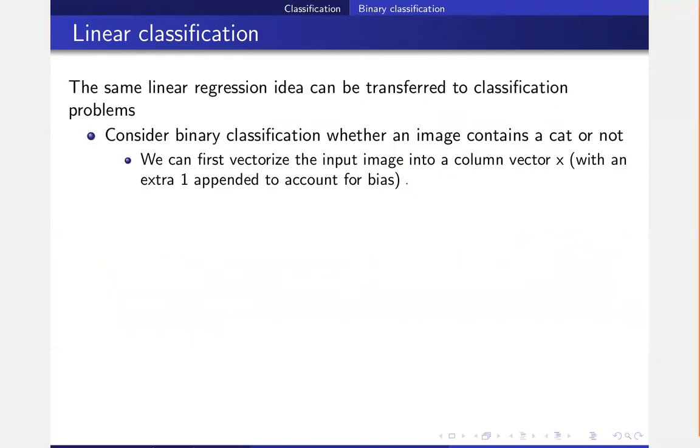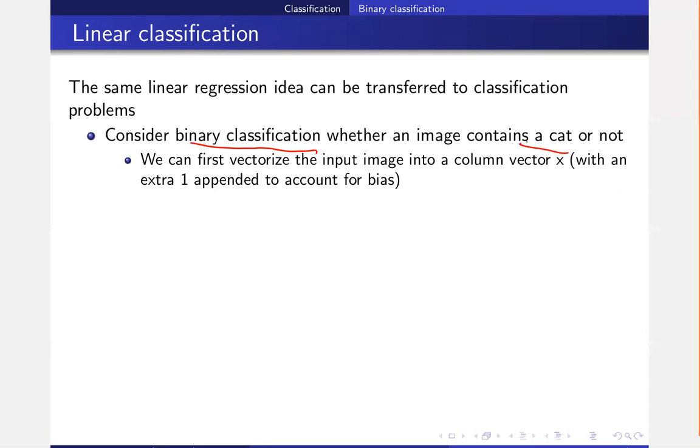Okay, this basically concludes what we talked about for linear regression, or regression in general. Now let's talk a little bit about classification. For classification, you basically have a binary, or rather discrete, label. For example, I can classify an image as whether it's a cat or not a cat.